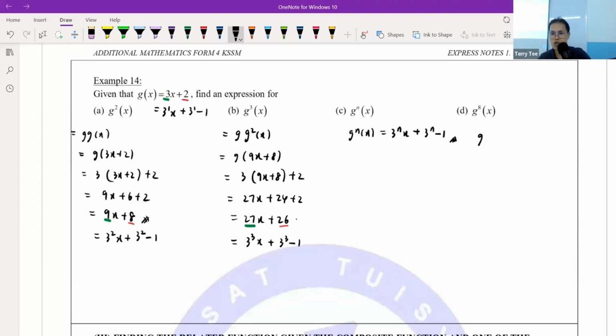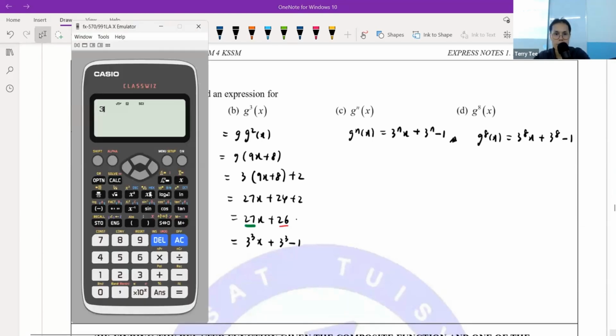Okay, if you want to find gf8x, you have to think 3 power 8x plus 3 power 8 minus 1. Okay, let me use a calculator. Can you see my calculator here? 3 power 8.